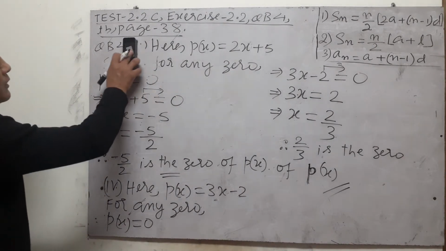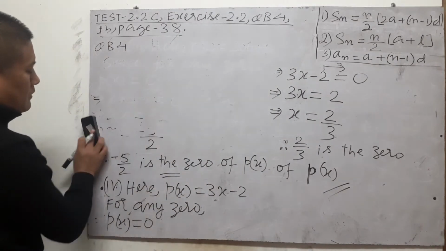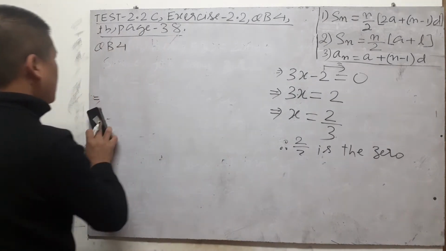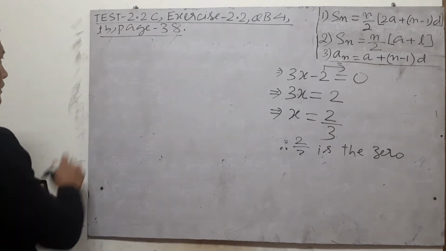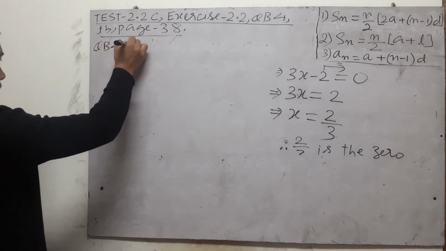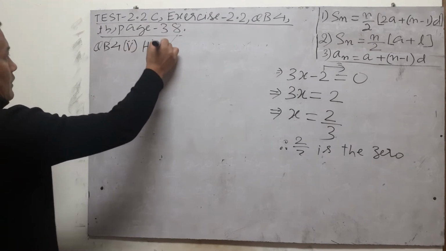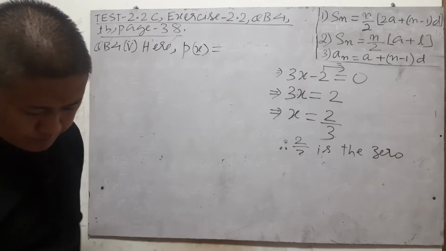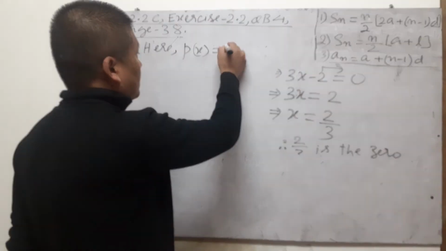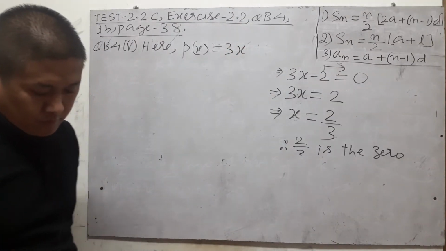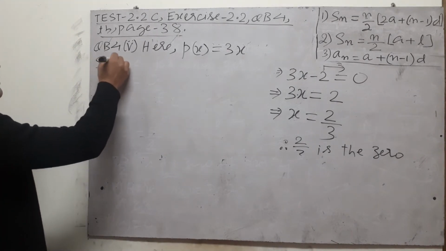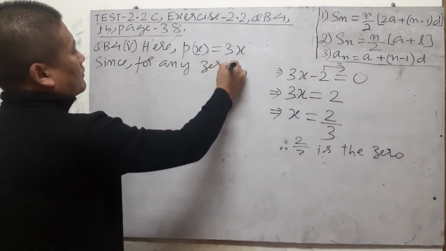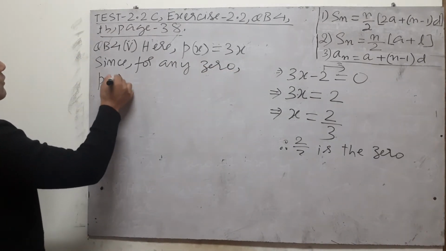And the fifth one. Let's go to the fifth one, question B4, subheading 5. Here, I think the value of p of x is given as 3x. Okay, that is clear. Since for any zero value, the p of x should be equal to 0.